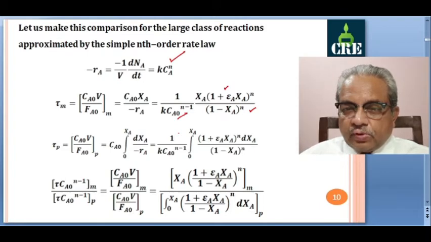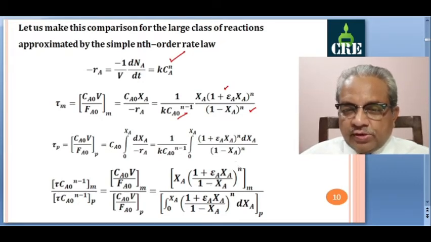Then we have (1 plus epsilon A Xa) raised to n here, but it is under the integral sign. So look into the numerator first. We have Xa here and (1 plus epsilon A Xa) by (1 minus Xa) raised to n.